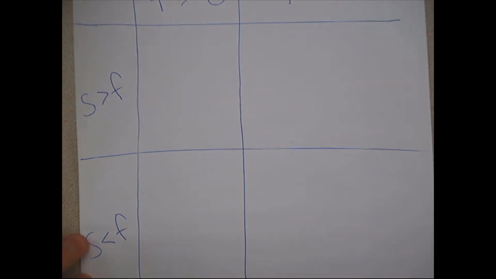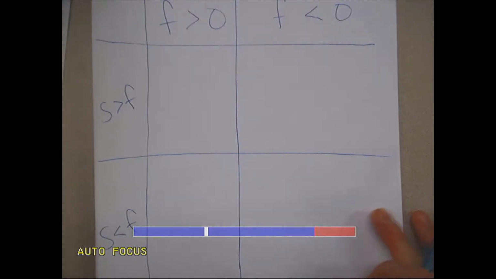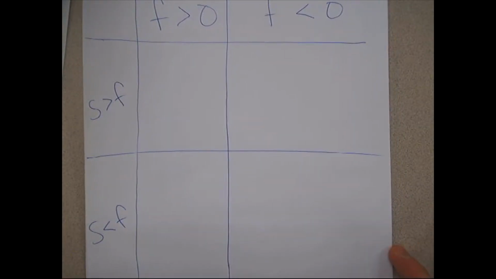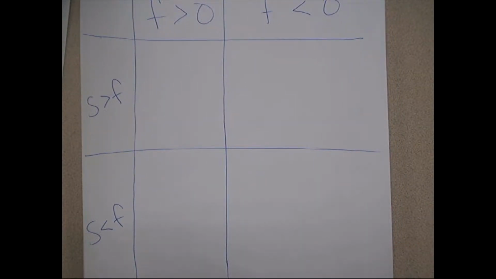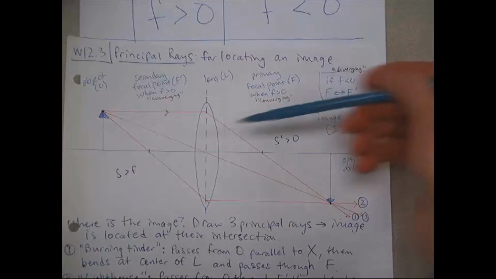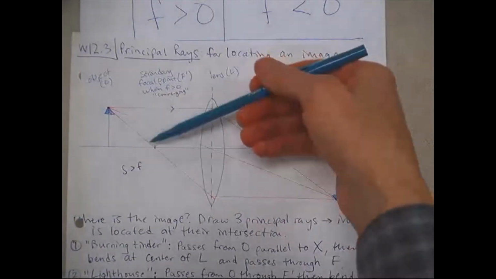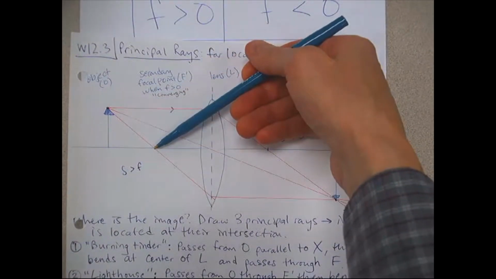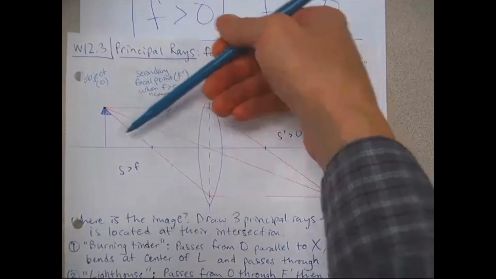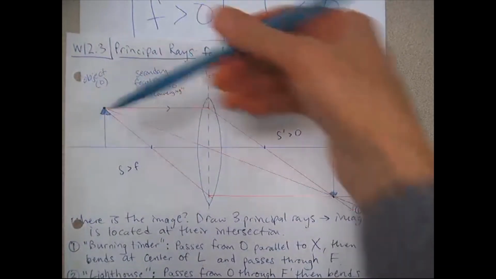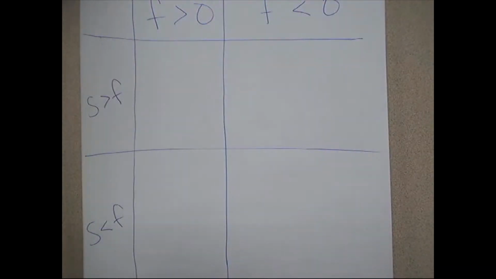You see there are four basic categories of images here. We've just looked at the case where the focal length is positive, it's a converging lens, and you place the object at an object distance S bigger than the focal length, you get a real image.